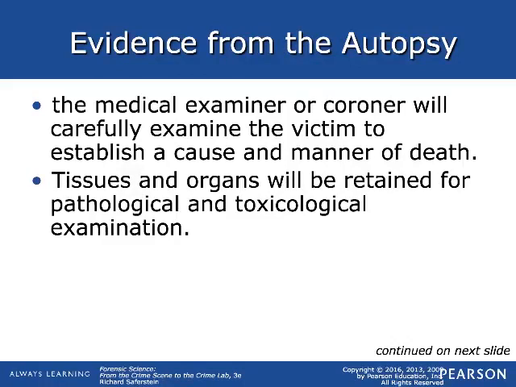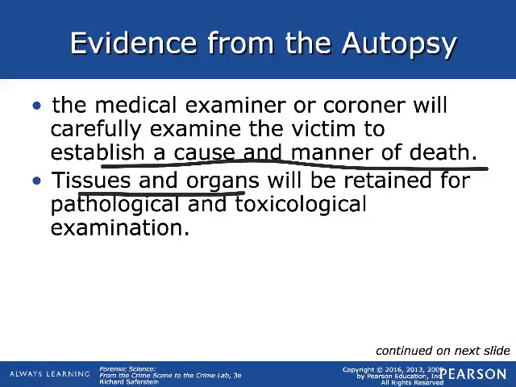The medical examiner or the coroner is going to carefully examine the body to establish the cause and time of death. They're going to do an external examination first, and then an internal examination. Tissues and organs from the internal examination are going to be retained.